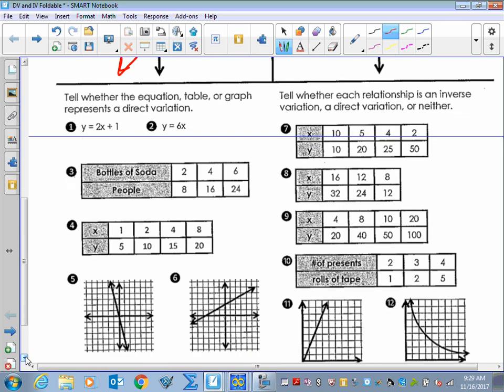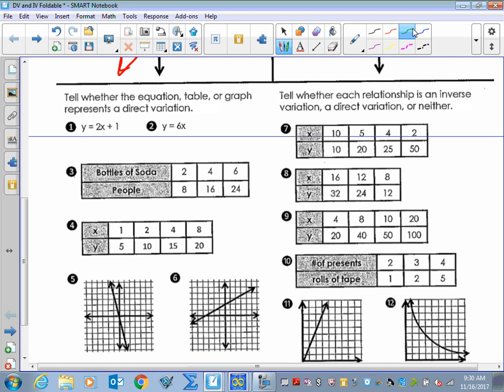It says tell whether the equation, the table, or the graph represents direct variation. Let's look at the first one. Y equals 2x plus 1 is not in the form of y equals kx, so this is not direct variation. Actually, it has a different name that we've been talking about in this unit. What form is this in?